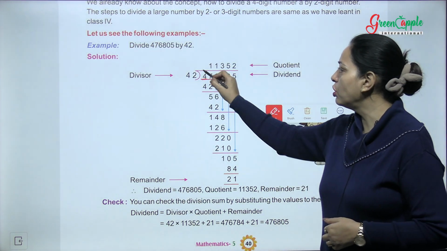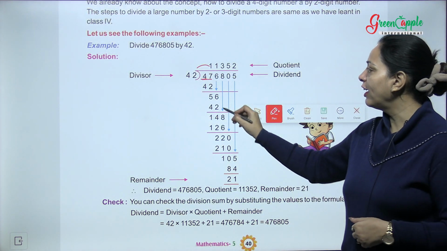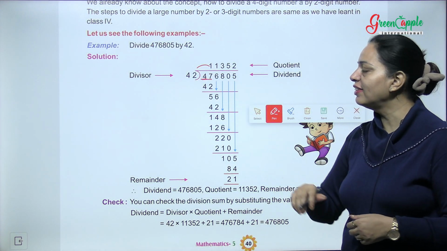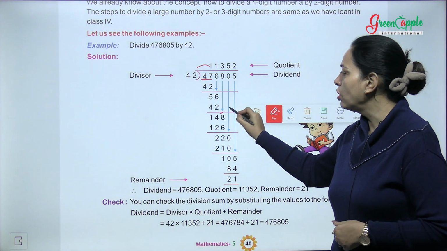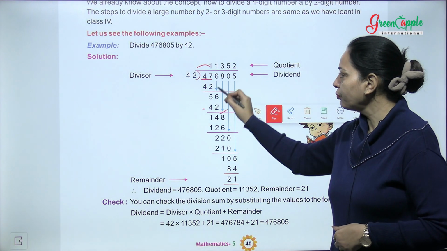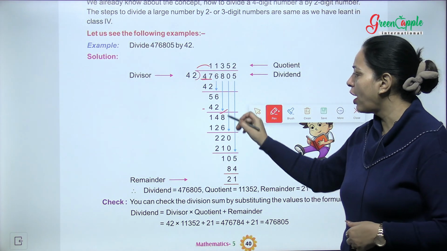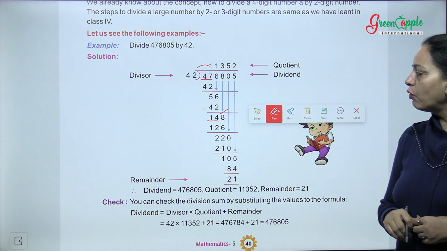42 ones are 42. So here we will subtract. We are getting 5 here. Take the next digit. This is 6. 56. Now 42 ones are 42. Right here. Now we will subtract. 1 as quotient. Now this is 14. Take the next digit. This becomes 148.